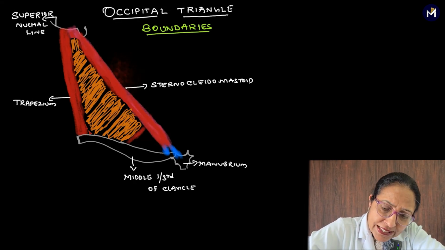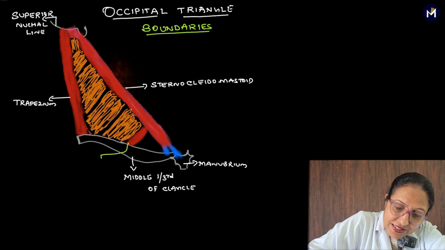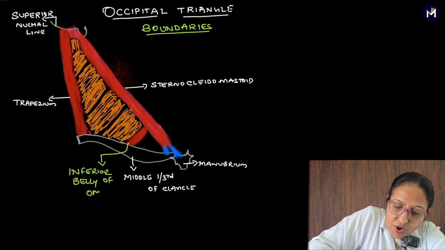In the previous class, we had already drawn the boundaries of the posterior triangle. So now we'll only draw the key muscle here which divides the posterior triangle into two parts. So this is inferior belly of omohyoid.